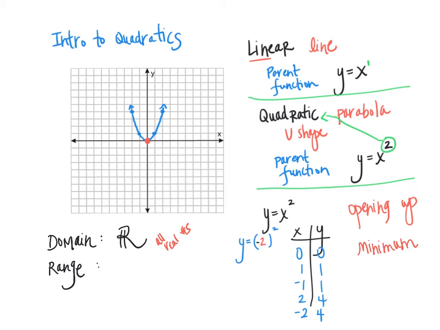And so if you had to put a number to this minimum, it's referring to the y value. Because in a parabola that opens up or down, the domain will always be all real numbers because your graph is going to go left and right forever. So when it's talking about minimum, you're looking at that y value.